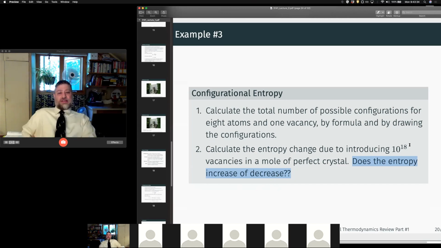Why would I pick this example of vacancies on the crystal lattice? How is this example relevant to what we're going to do later? A big topic for this course is diffusion, right?